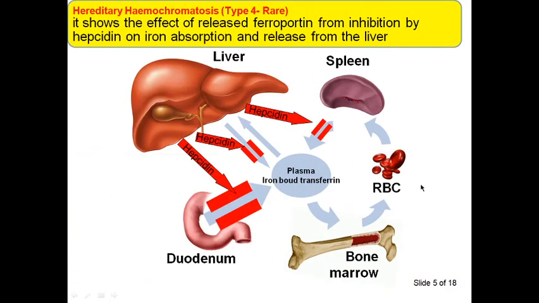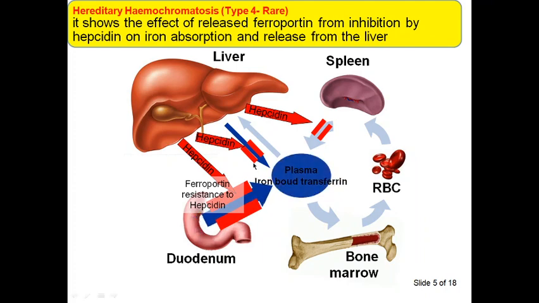In type 4 hereditary hemochromatosis, the ferroportin is released from the inhibitory effect of hepcidin, so there will be increased absorption of iron from the intestine and release from the different storage forms of iron, or from the macrophages, and increased plasma iron bound to transferrin.